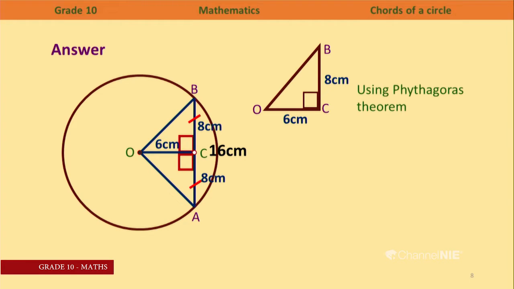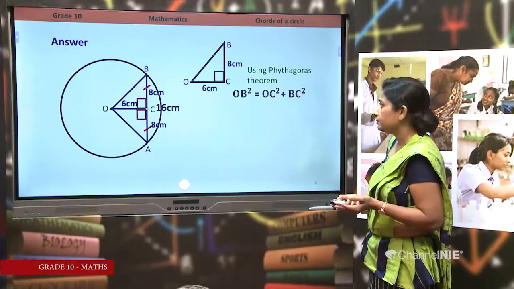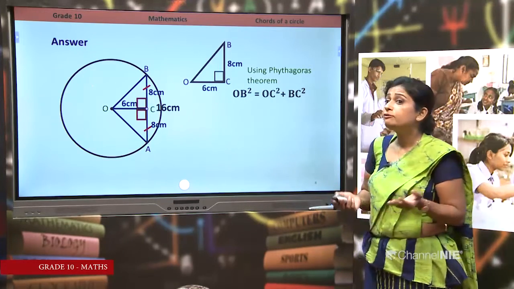And what are the other sides? OC and CB. So, we can apply the Pythagoras theorem. OB squared equals OC squared plus BC squared. Then we should substitute the values. Do you know the OB value? You don't know. We are going to find that.